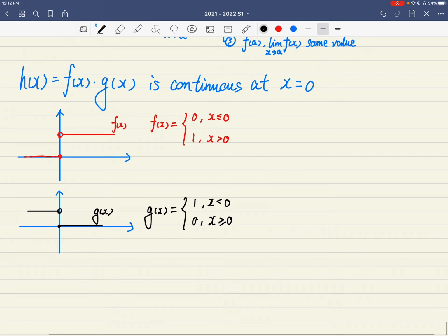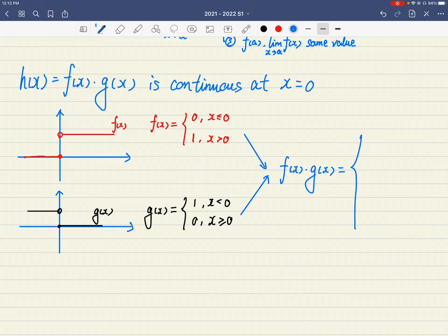But you can see their product. When we multiply them, now it's different. First, when x is smaller than 0, f(x) is 0 and g(x) is 1, so f(x) times g(x) is 0 times 1. When x is equal to 0, f(x) is 0 and g(x) is also 0.